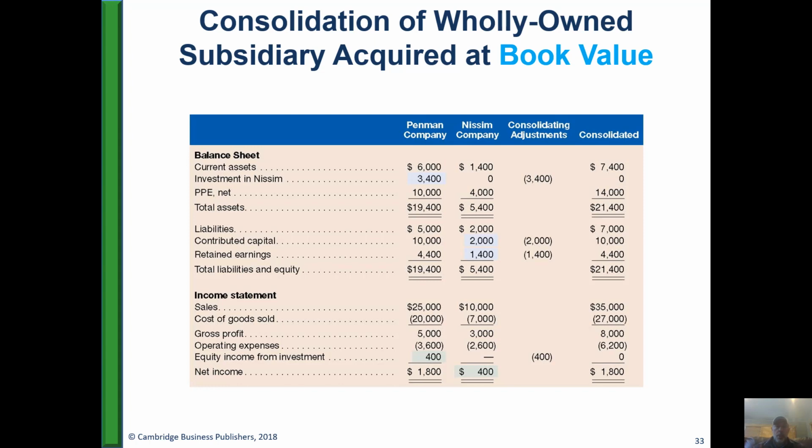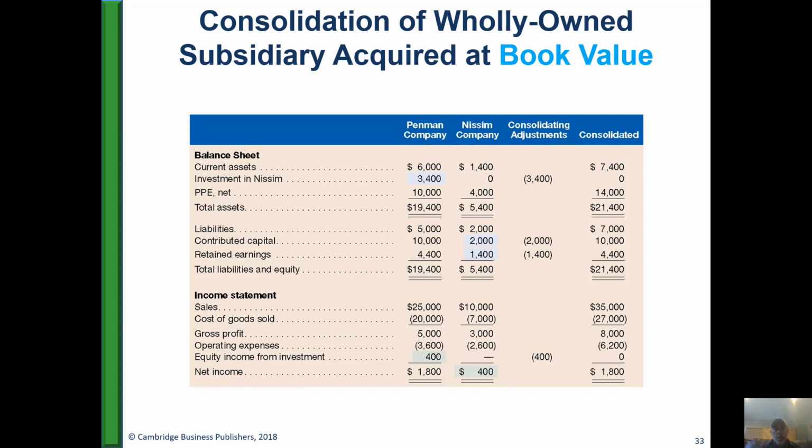So from left to right, we have the Penman Company financials, we have the Nissim Company financials, then we have the adjustments that we're going to need to make in order to arrive at our consolidated holdings.